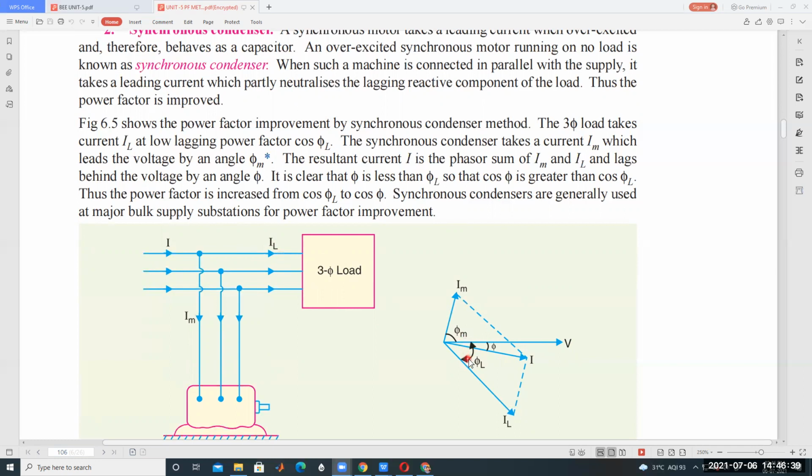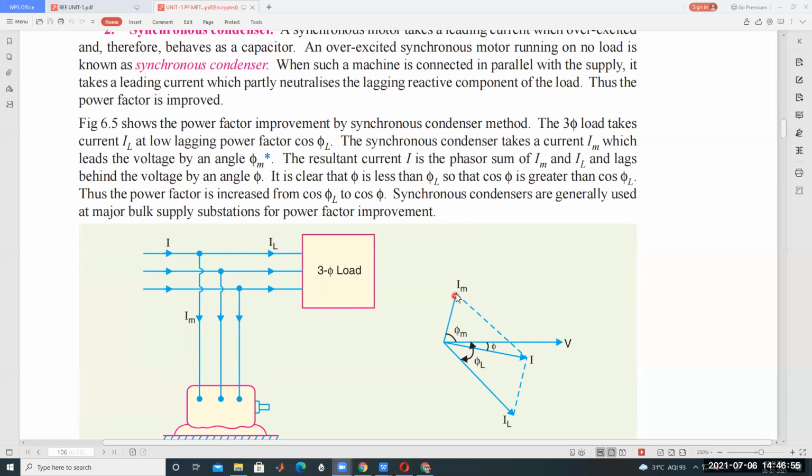Our concept is to reduce this phase angle between voltage and current. If we introduce the synchronous condenser into the system, the leading component comes into the picture.